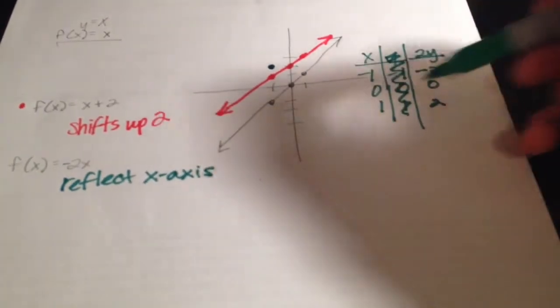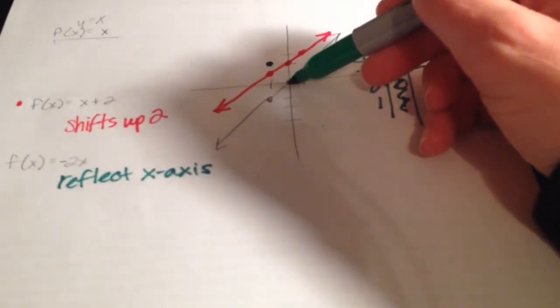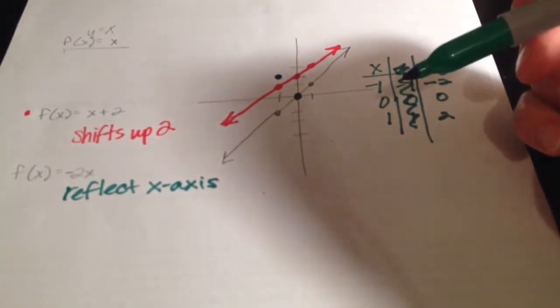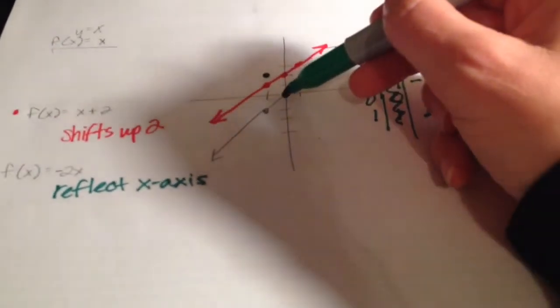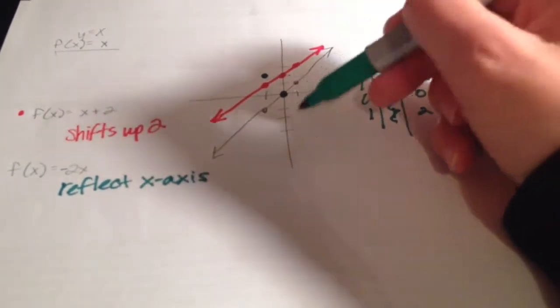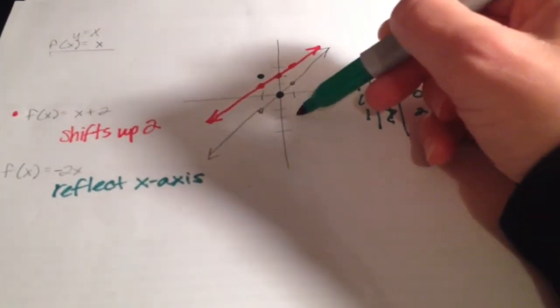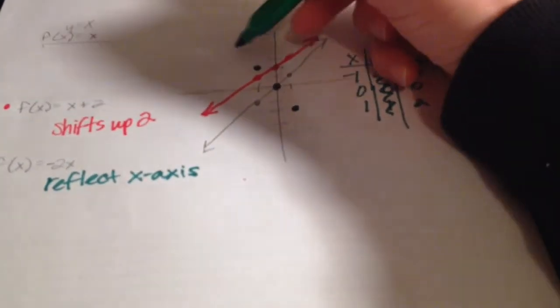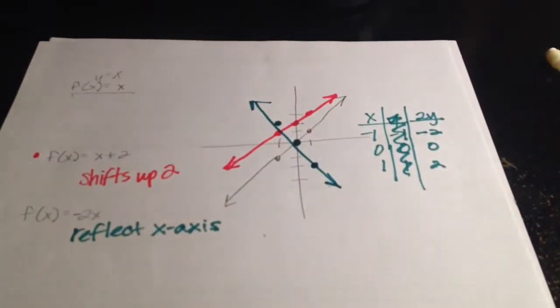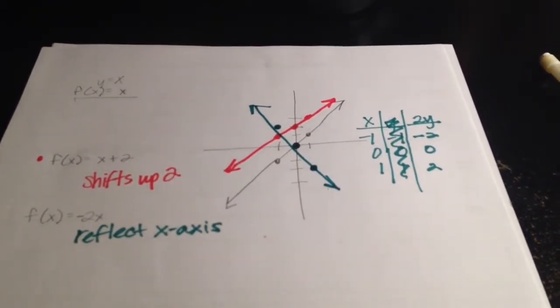And then this one's supposed to be at 0, 0. If I flip that over the x-axis, there's nothing to flip. That stays the same. And then my last one, 1, 2. I'm supposed to flip that, like mirror it over the x-axis. So now I'm down here at 1, -2. And there's my graph.